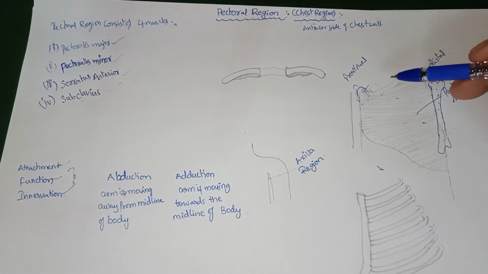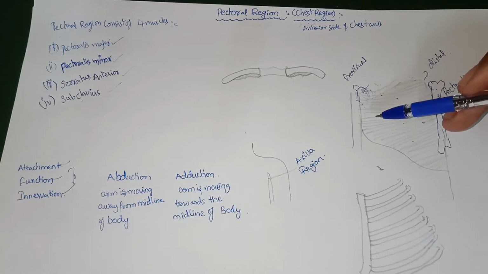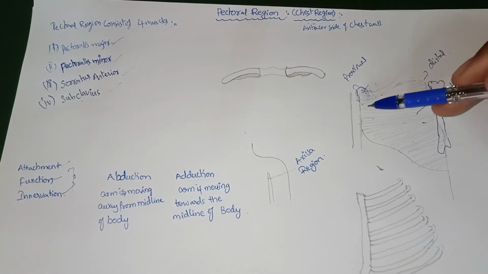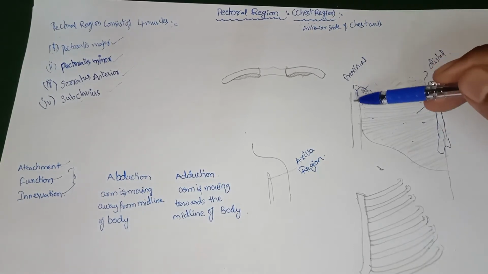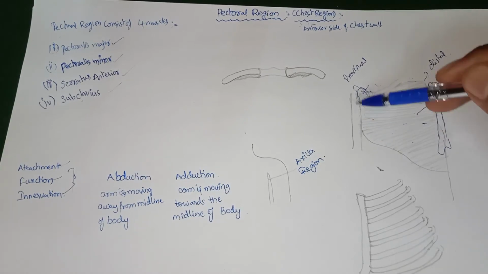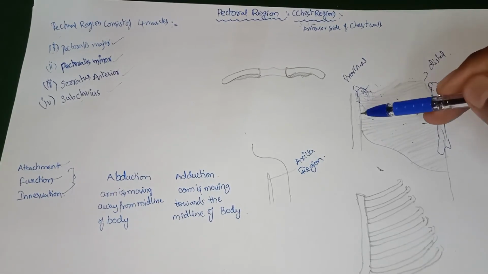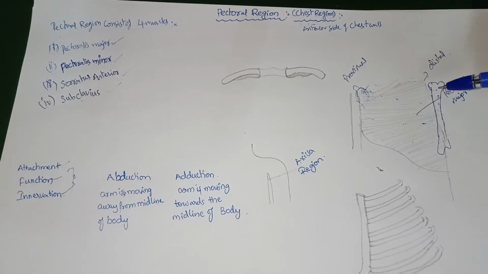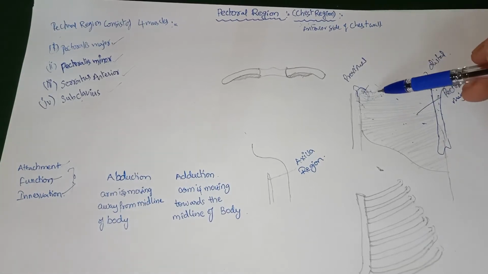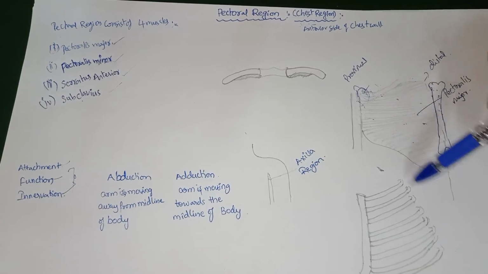Next, the sternocostal head originates from the anterior surface of the sternum. This is the anterior surface of the sternum. From here it originates, along with the 6 superior costal cartilages and the aponeurosis of the external oblique muscle. Here the 6 costal cartilages are present.